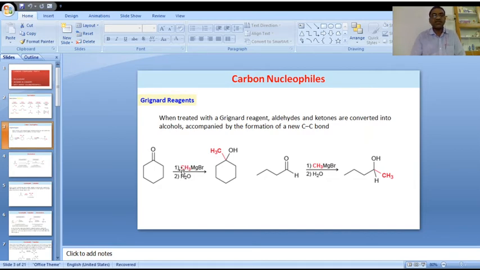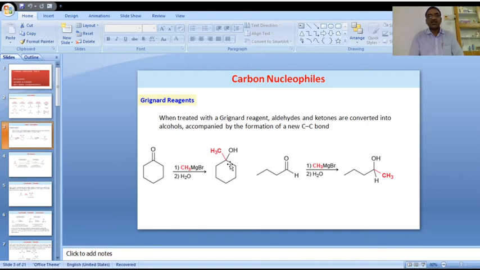In the first step, the CH3 minus nucleophile attacks the carbonyl carbon, the pi bond breaks, and the negatively charged oxygen abstracts hydrogen from a water molecule. It is converted to an alcohol.